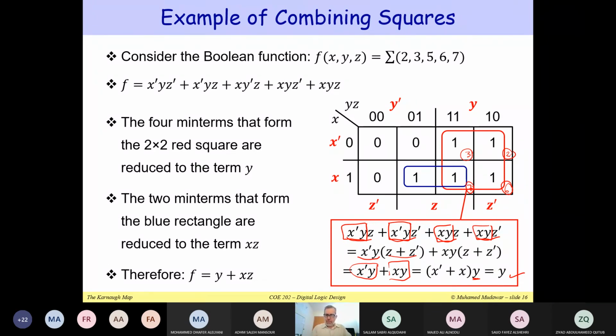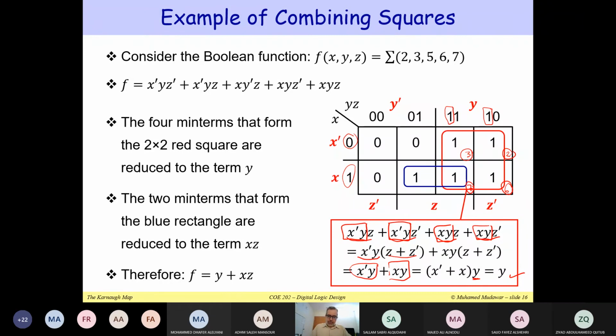Now, notice that for these 4 minterms 2, 3, 6, and 7, you can see that y is equal to 1. So that must be y. It does not depend on z because z can be 1 or 0, and it does not depend on x because x can be 0, it can be 1. So therefore, the only thing which is in common for these 4 minterms is y equal to 1, and therefore by combining these 4 adjacent squares, we can reduce it to a single literal, a single variable here, which is y.